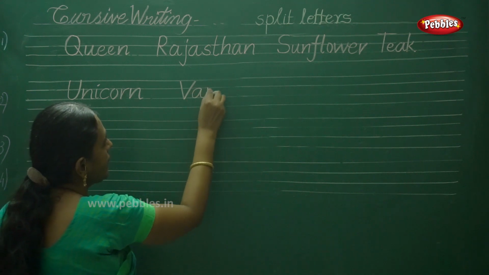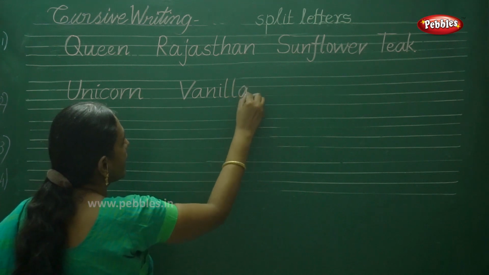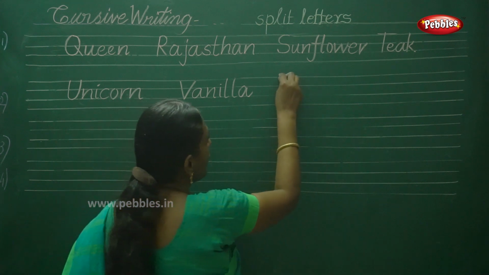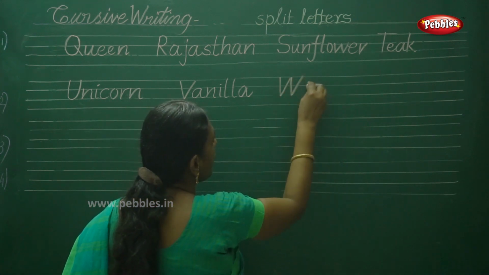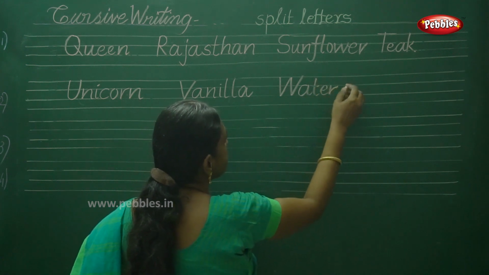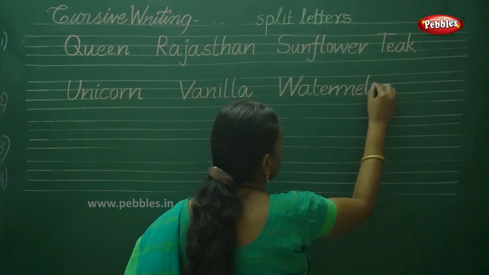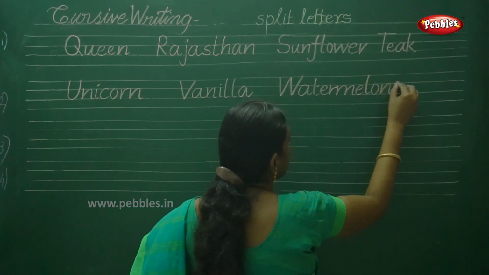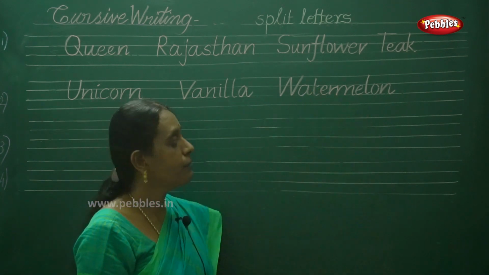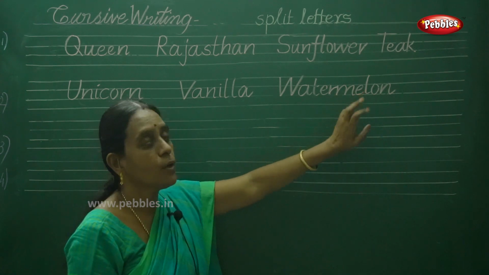Vanilla, V-A-N-I-L-L-A, vanilla. Okay, then W, watermelon, W-A-T-E-R-M-E-L-O-N. Observe, no letter should be overlapped with another alphabet, and spacing also should be in the correct way of writing.